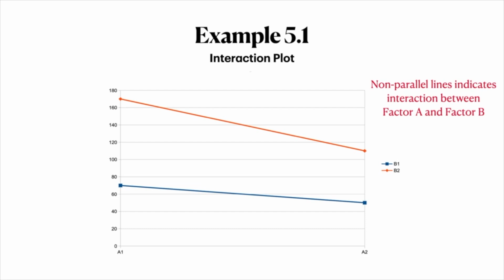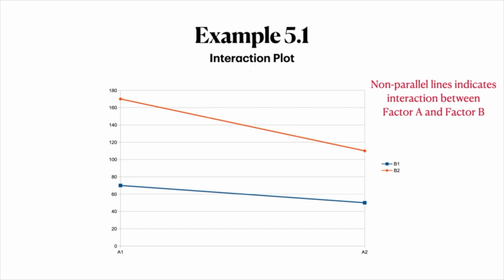And then the vertical axis is quantitative, and that is the axis with respect to which I'm going to plot the treatment combination means. To correspond to the two levels of factor B, I'm going to use different colors. So blue corresponds to the first level of factor B, and orange corresponds to the second level of factor B.